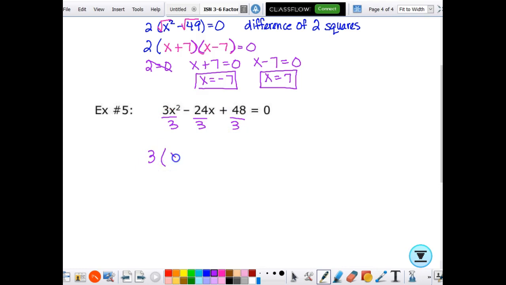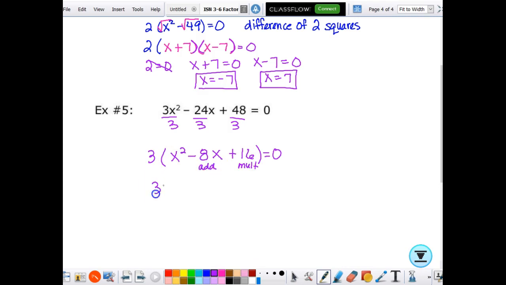That's good for us. X squared minus 8x plus 16. 48 divided by 3 is 16. 3 times 16 is one of those you need to kind of get in your memory. It pops up every now and then. What will multiply to 16? I don't have to do grouping on this, guys, because I don't have a number here. I can do it the easy way.